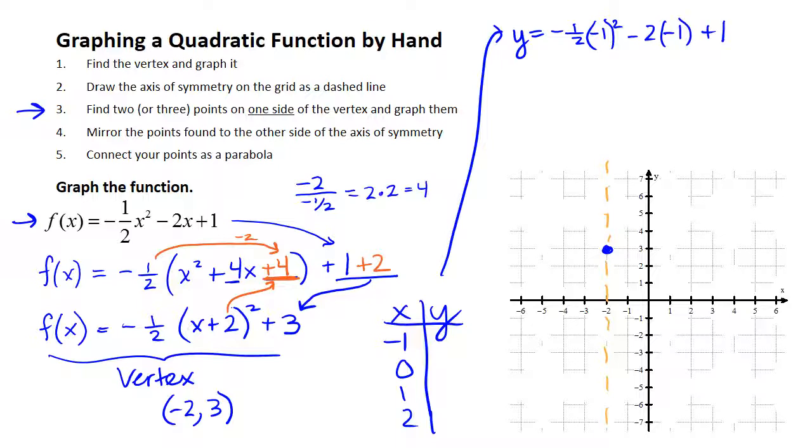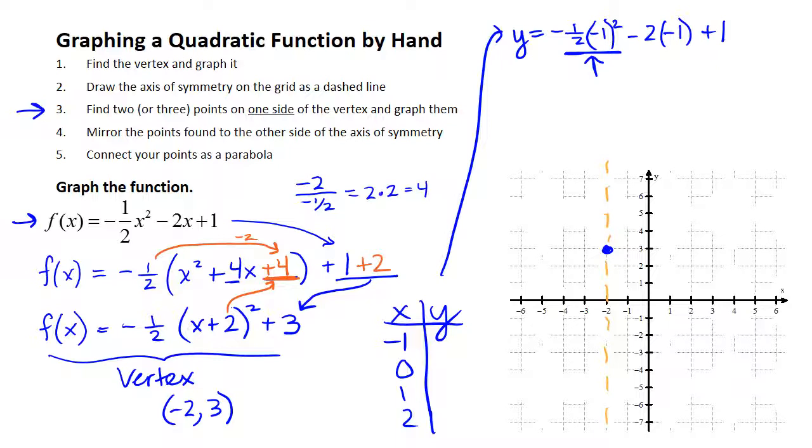If I start to multiply this out and collect like terms, what I'm going to notice is that I get a fraction coming up. That fraction is going to be trickier to calculate, and it's also going to make graphing just a little bit trickier. So remember how we can pick any point that works for us, that makes the calculation easier when we're point plotting.